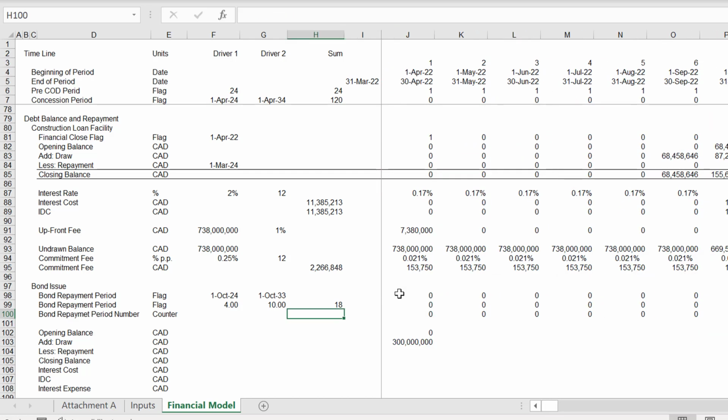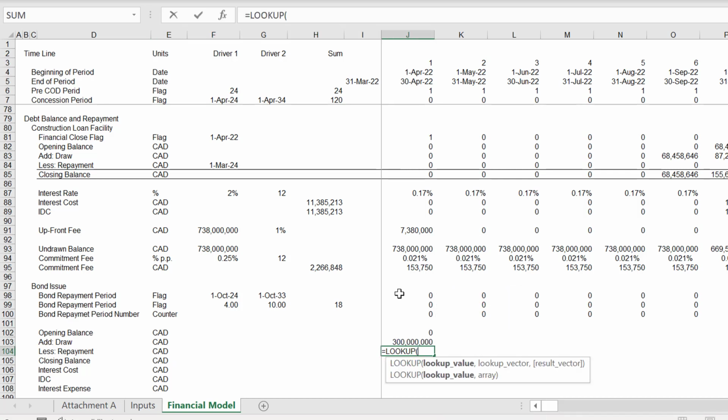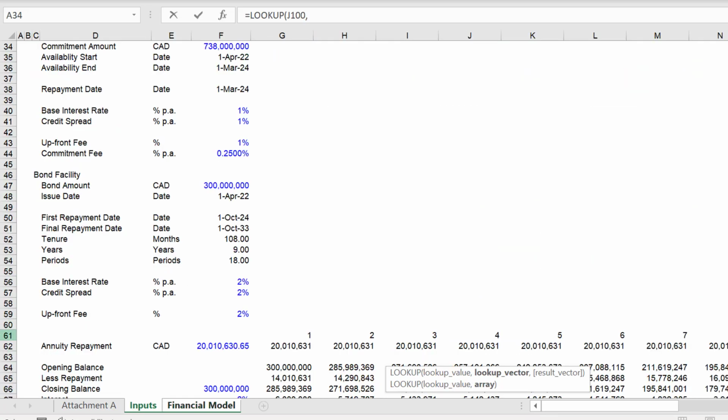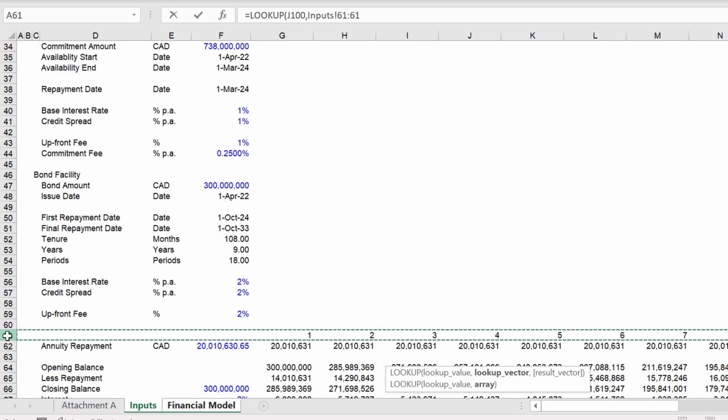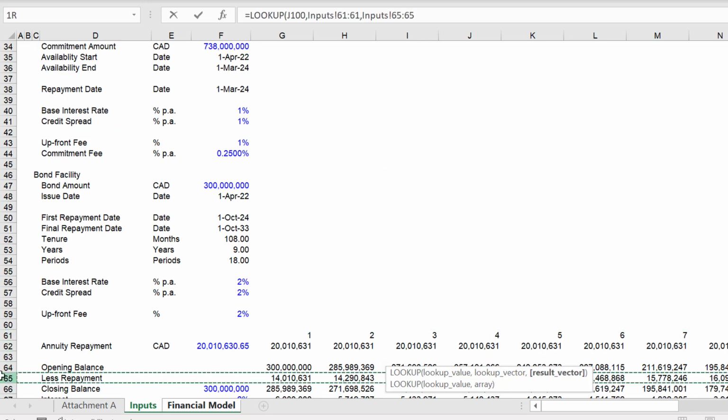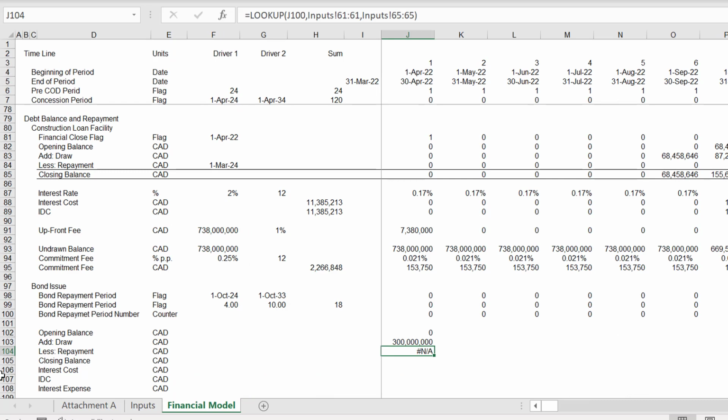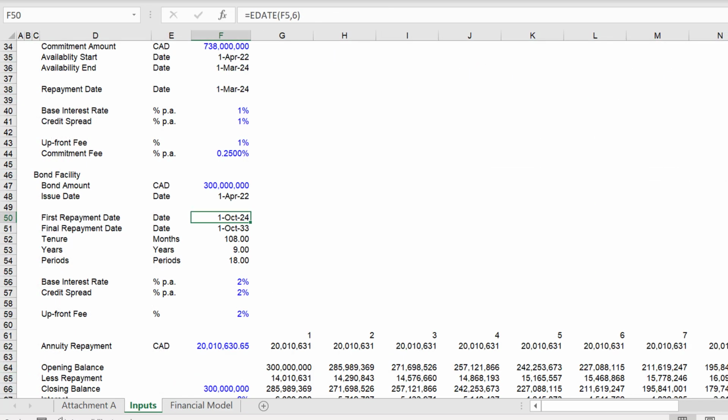The reason we need that counter is that finally, on our repayment, we can put an equal lookup. I'm going to do it the way I do it. You can start yelling at me and say people might take off marks because I'm using the whole thing like this. I don't care here either.